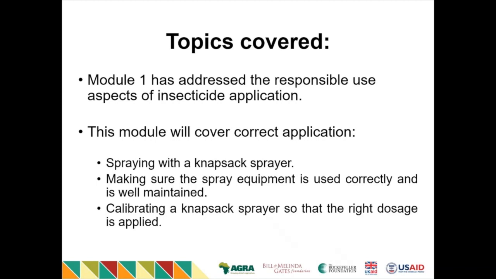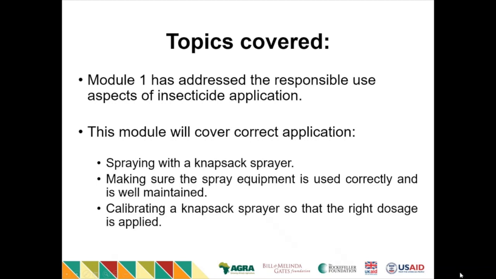We want to make sure that this spray equipment, the knapsack, is used correctly and is well maintained. And then a very important issue is to make sure that the knapsack sprayer is calibrated so that the right dosage is applied. If calibration is not done, the incorrect dosage can be applied, and one can sit with all sorts of issues such as inadequate control.